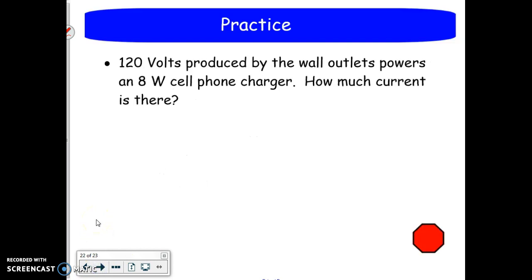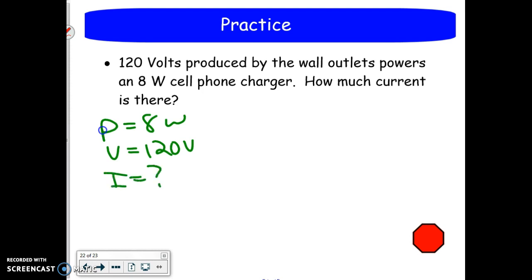A 120 volts produced by the wall outlets power an 8-watt cell phone. How much current is there? Well, okay, we start with the givens. The power is 8 watts. The voltage is 120. Okay? And they're looking for the current.